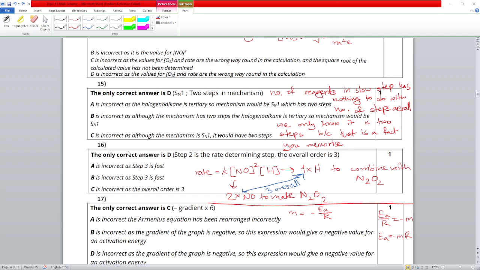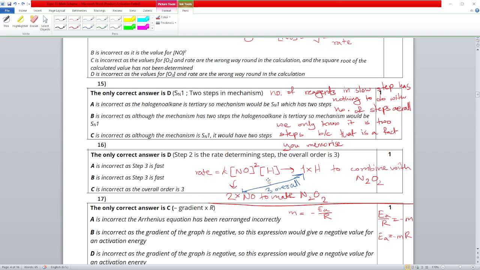Number 16 is another one of those questions where it's kind of semi-memorized. It's annoying. But this time they tell you that the fast step involves 2 of these, the NOs, forming an N2O2. And then the slow step involves that N2O2 reacting with an H2. It should be an H2 here instead of an H, but you get the idea.